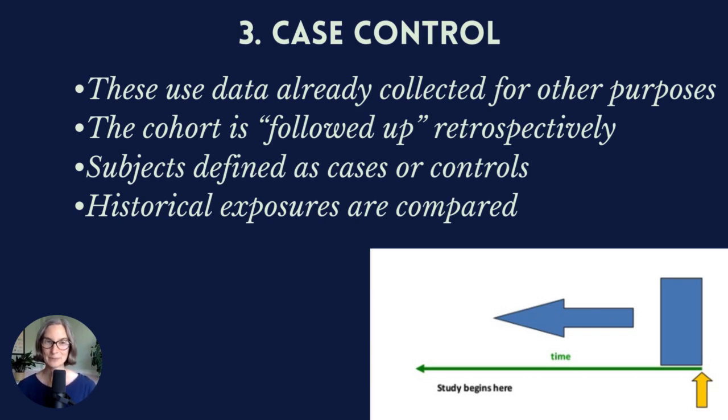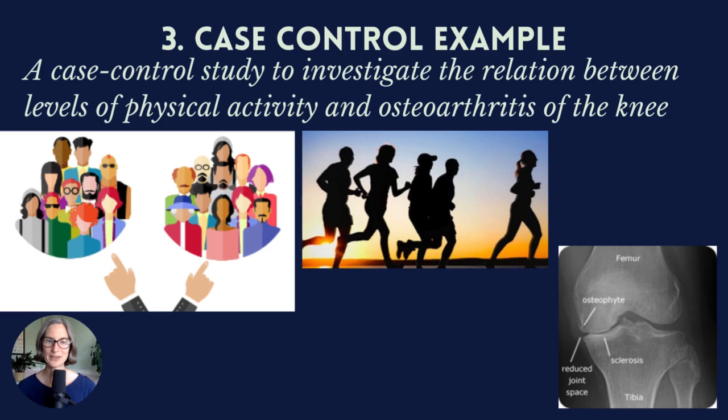So let me give you an example. This case control study was to investigate the relationship between levels of physical activity and osteoarthritis in the knee. The reasoning of these researchers was that physical activity is recommended as an intervention for improving health. That's a good thing.